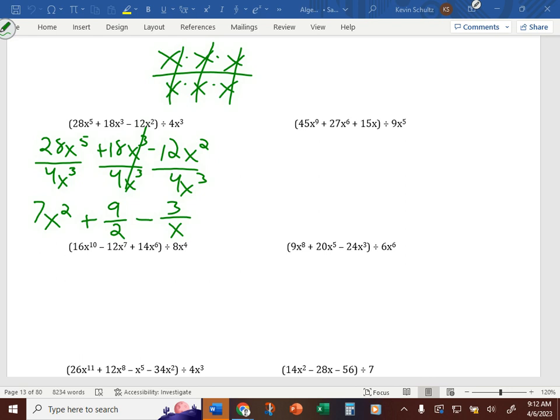This goes back to something someone asked earlier. That negative power, if we wrote this with our x in the numerator, it would be a negative 1, which is less than a constant, because that has an exponent of 0. This is 9x to the 0. Negative 1 is less than that, so in our greatest to least power order, that's why this term comes last, even though we don't write it as a negative 1.